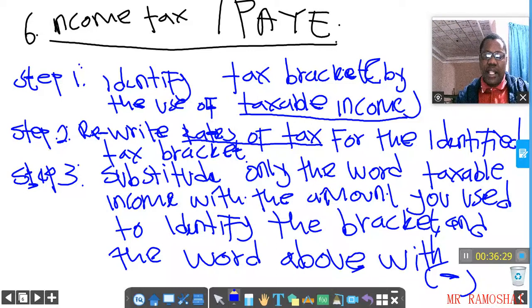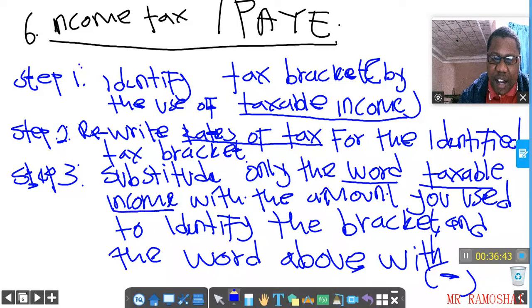So in step number 3, which is very crucial, we only substitute the words taxable income with the amount you used, the amount that falls between these two amounts.